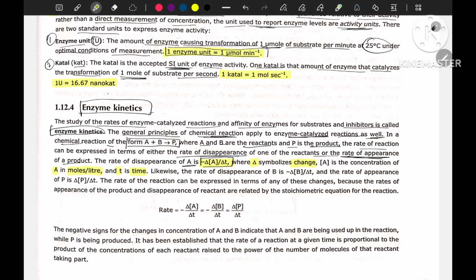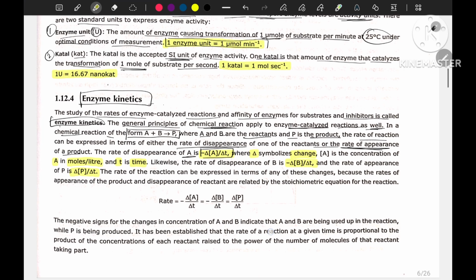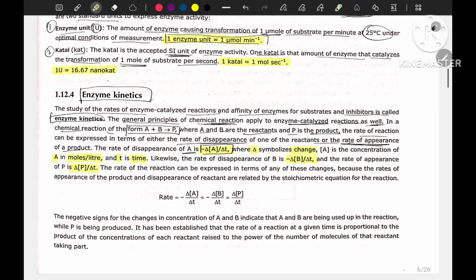Likewise, the rate of disappearance of B is minus delta B upon delta T. The rate of appearance of P is delta P upon delta T. The rate of reaction can be expressed in terms of these changes because the rate of appearance of the product and the rate of disappearance of the reactants are related by the stoichiometric equation for the reaction. The rate is this: minus delta A upon delta T is equal to minus delta B upon delta T is equal to delta P upon delta T.